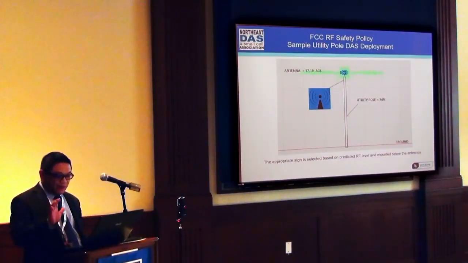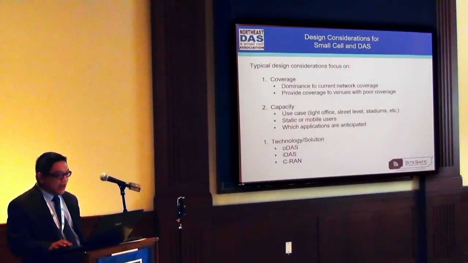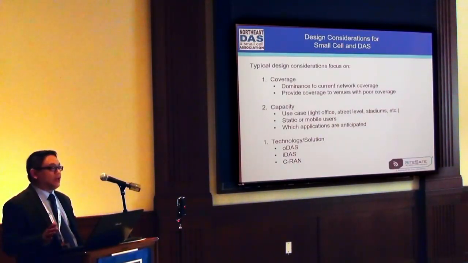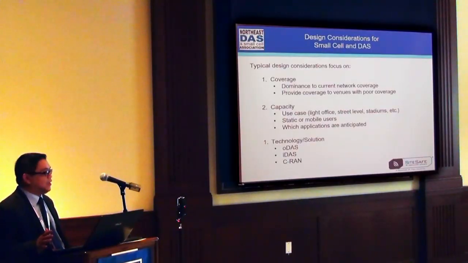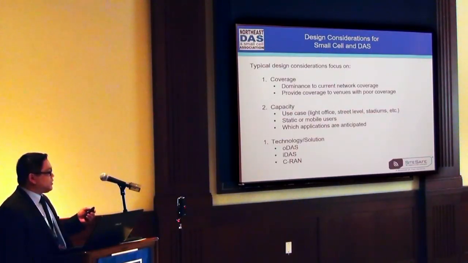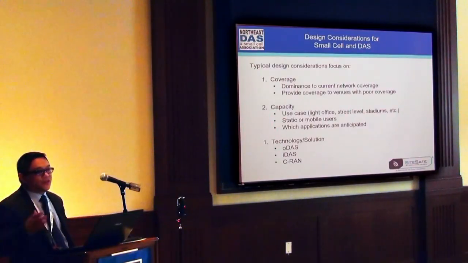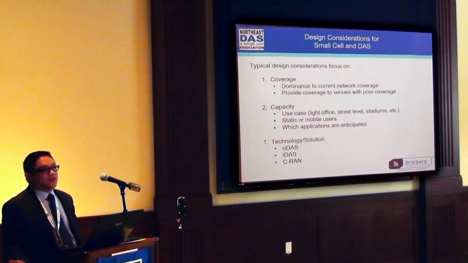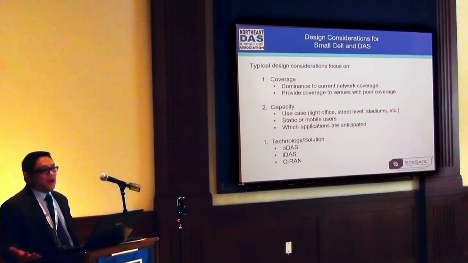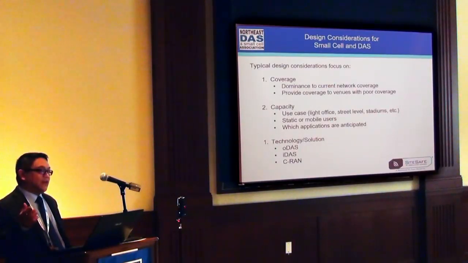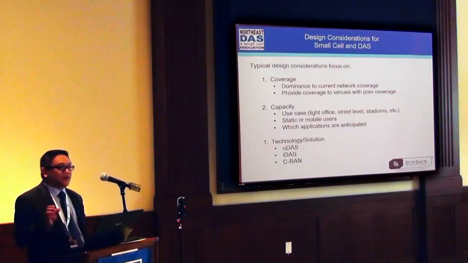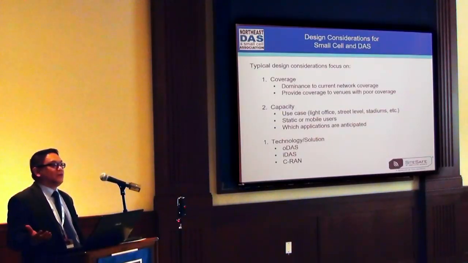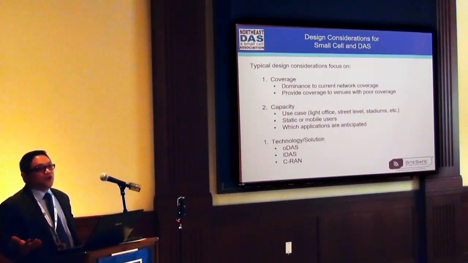Okay, with that in mind, let's look at DAS and small cell and the considerations that are typically made. Most of the time, we look into coverage, capacity, and the technology. Those are the 3 main things that people look at. EME or RF compliance is typically not looked at because the thought process is that it is low power, therefore most probably it's going to comply.